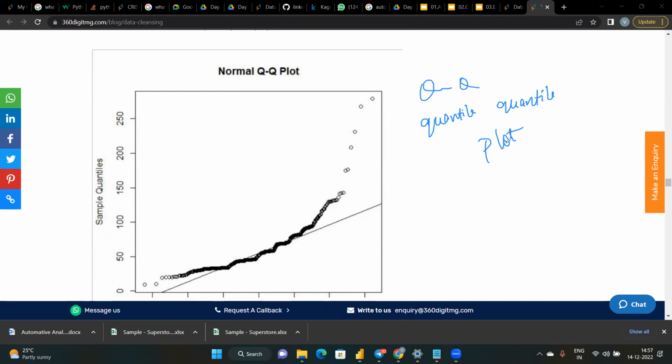It is a graphical technique, okay, for determining if two data sets come from, let me say, population with a common distribution. This QQ plot, guys, it is a plot of the quantile for the first data set against the quantile of the second data set. In the sense, so if you want to understand it easily, guys, you can always consider a cricket match, right? So what India has scored, the run rate, and what the other team is going to score, right?